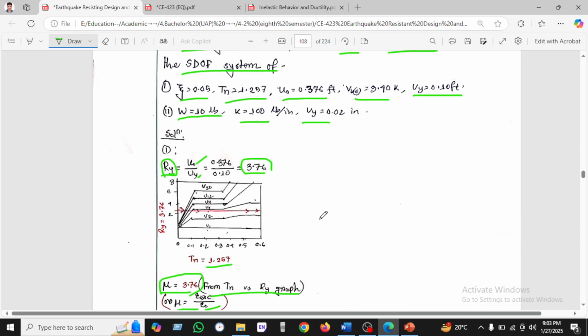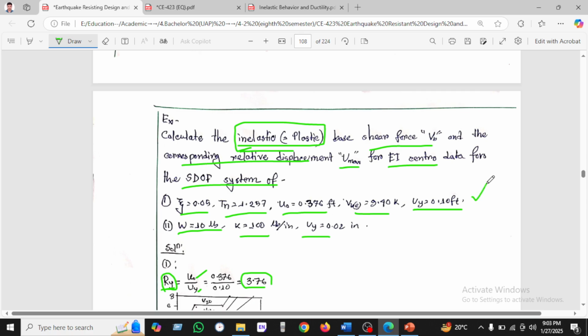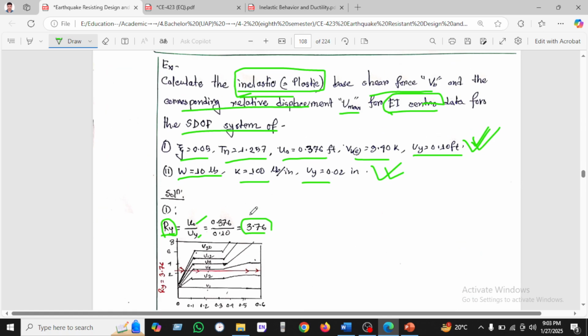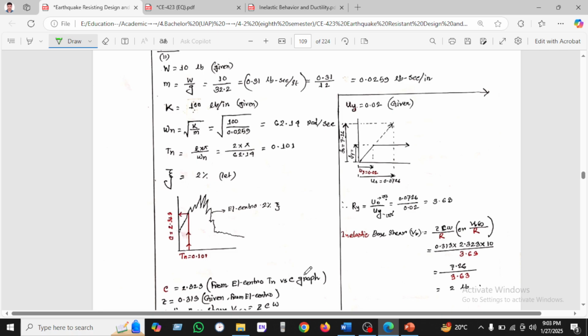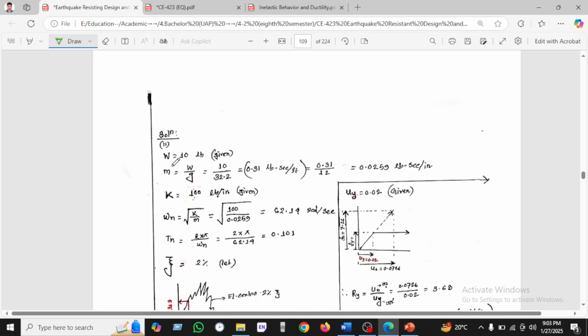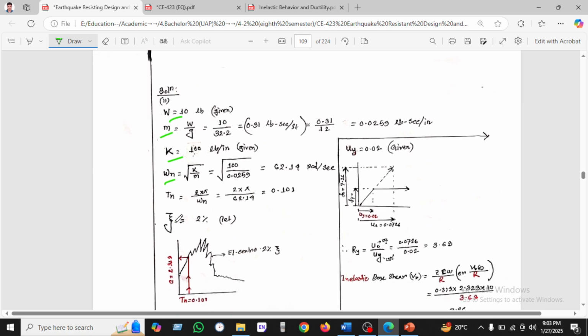Okay, so these are the first we have been solving, and for the second one, the data parameters given remain the same for the El Centro data, so we can calculate for the second one. Let's see here. For the second one, we know the weight is given, the mass is given, and the stiffness, and we can find out the natural frequency and the time period 0.1.